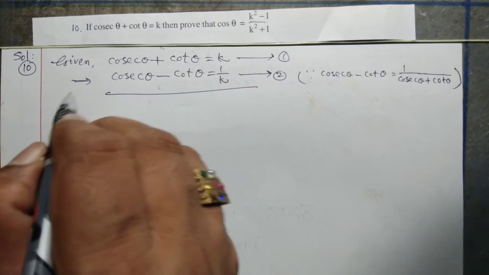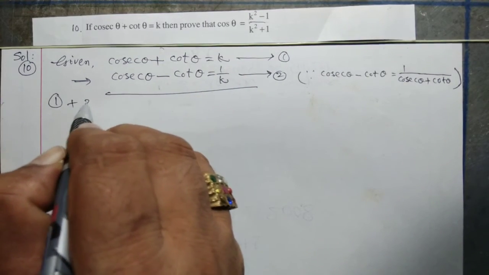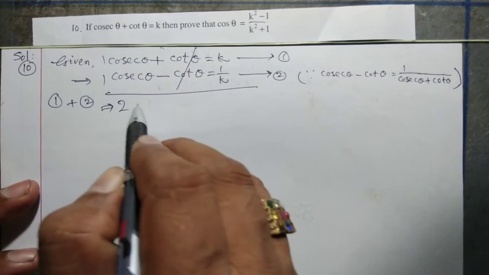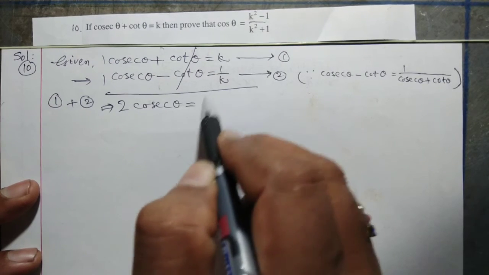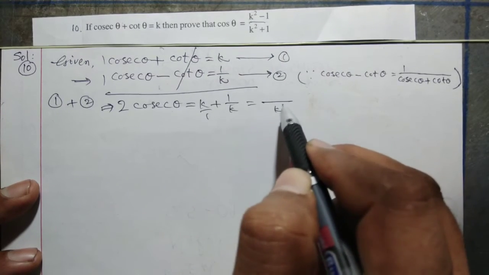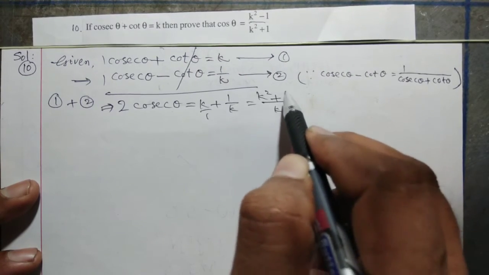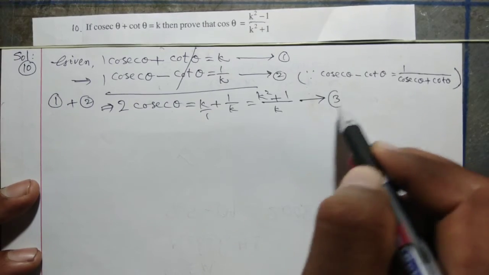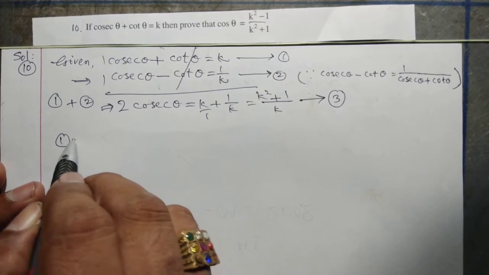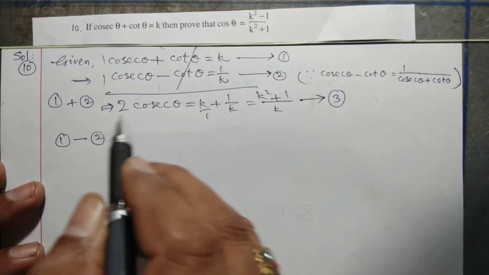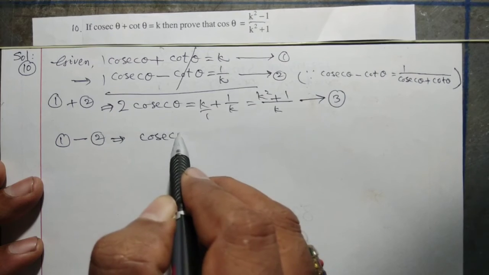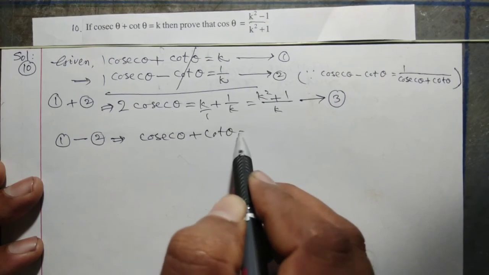While adding equation 1 plus equation 2, these will cancel. 1 cosec theta, 1 cosec theta, 2 cosec theta is equal to k plus 1 by k, that is equal to, taking LCM, k square plus 1 by k. This is equation 3. Now we have to subtract equation 1 from equation 2. Cosec theta plus cot theta is equal to k.